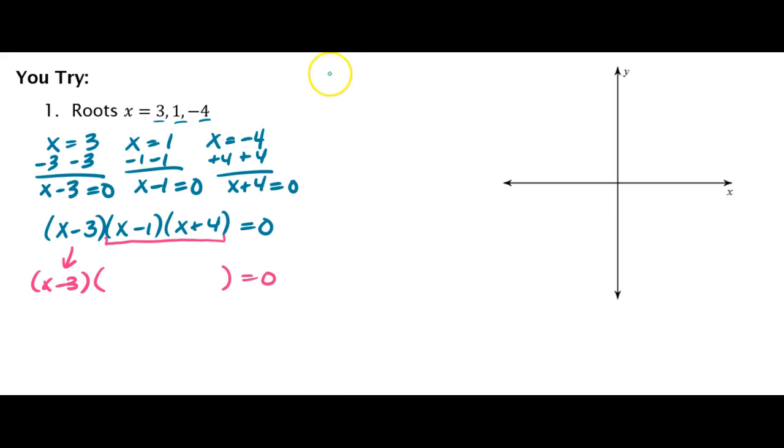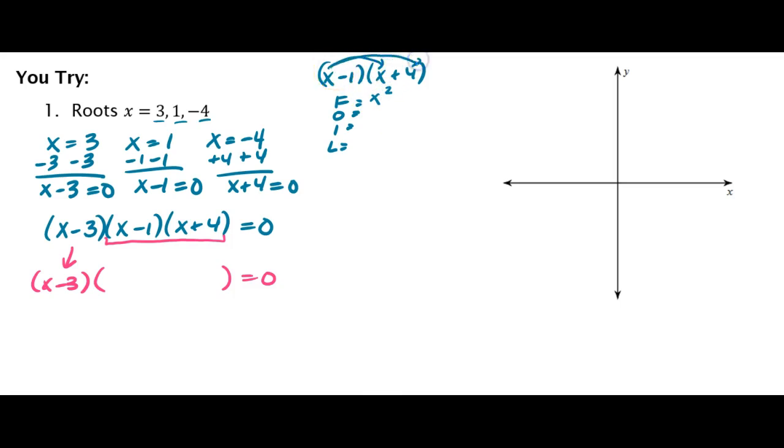So I'm going to do that. I'm going to do a little bit of scratch work over here. X minus 1 times x plus 4. Depending on how you learned how to multiply binomials, what you're really doing is FOIL. So if I multiply the first terms, that's x times x, or x squared.